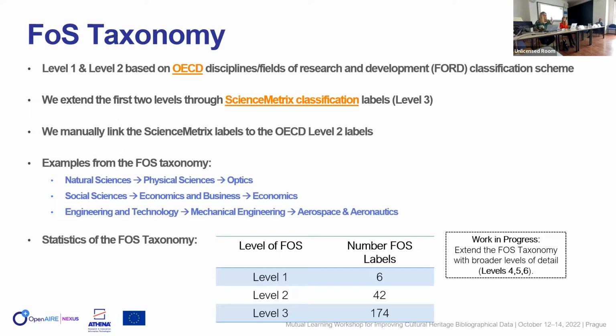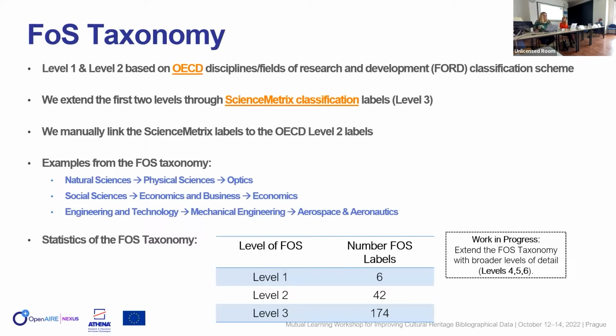So we have 3 levels. The first 2 fields of science levels are based on the OECD disciplines, the fields of research and development classification scheme. And then we extend these 2 with the Science-Metrix classification labels. So that would be level 3, which we have manually linked to level 2 of OECD.